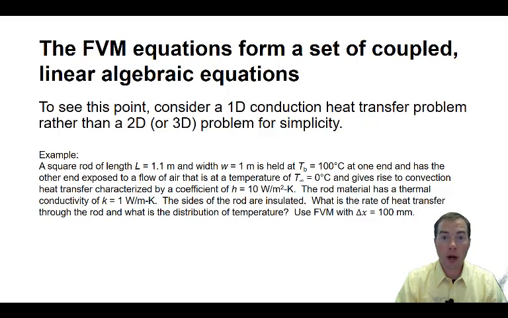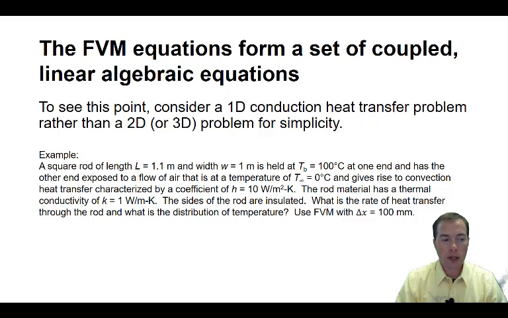I will now read the problem statement. A square rod of length L equal 1.1 meter and width W 1 meter is held at 100 degrees C at one end and has the other end exposed to a flow of air that is at a temperature of 0 degrees C and gives rise to convection heat transfer characterized by a coefficient of 10 watt per square meter Kelvin.